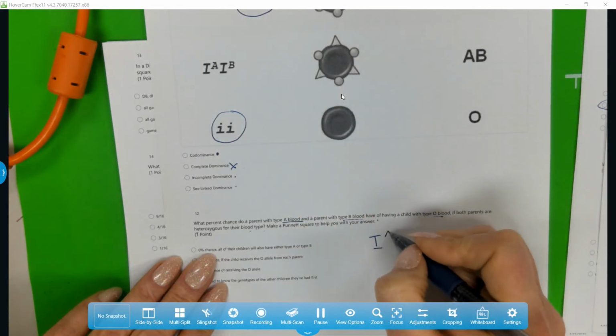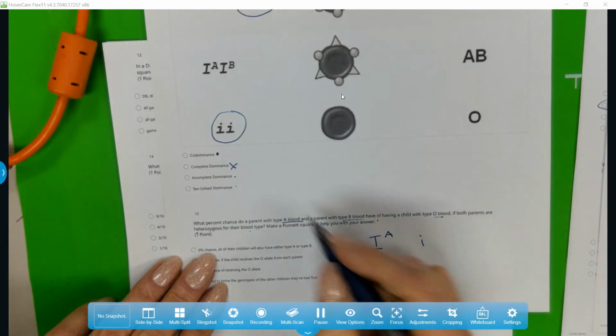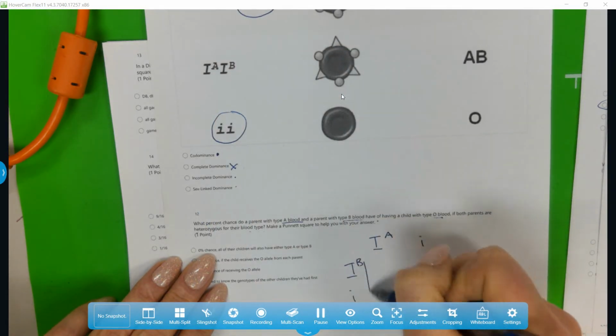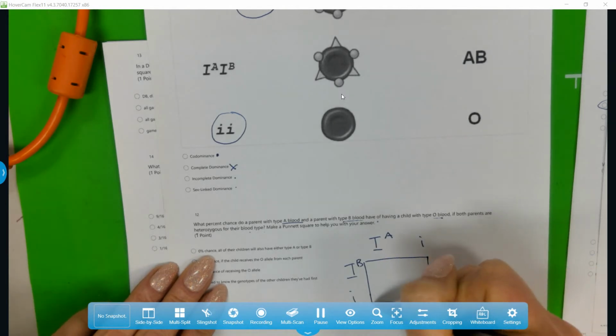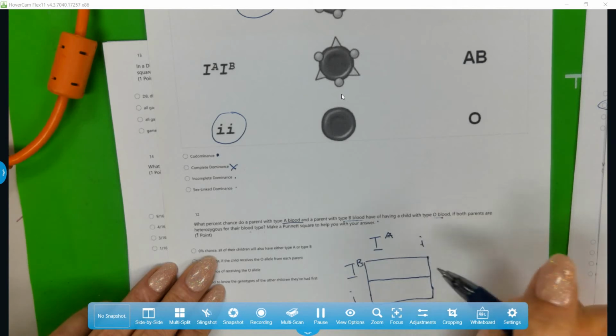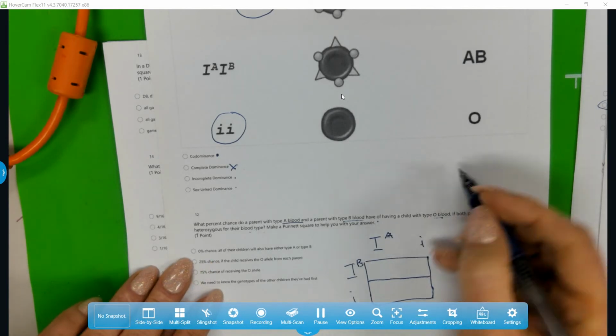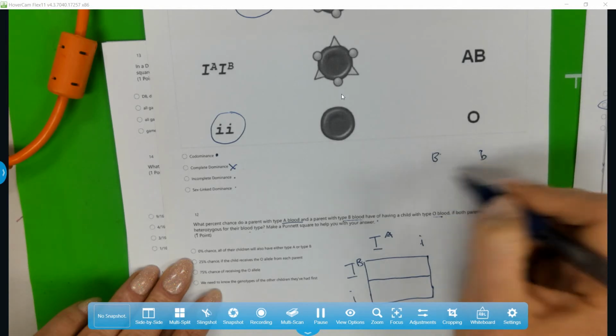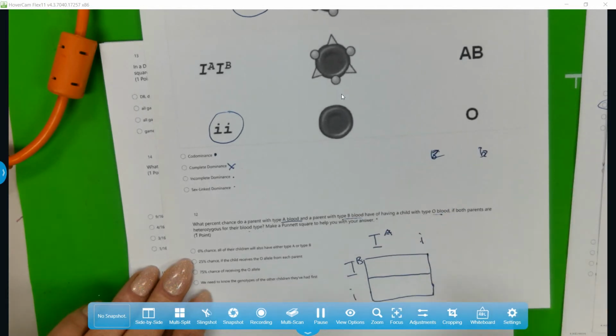Split the genotype into the alleles for one parent, and then on the other side of the Punnett square for the other parent. Even though this is a multiple alleles situation, because you have 1, 2, 3 different alleles instead of a standard Punnett square where you would have the 2 alleles, we have multiple alleles for blood type.